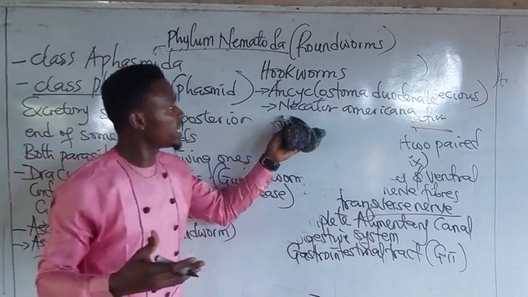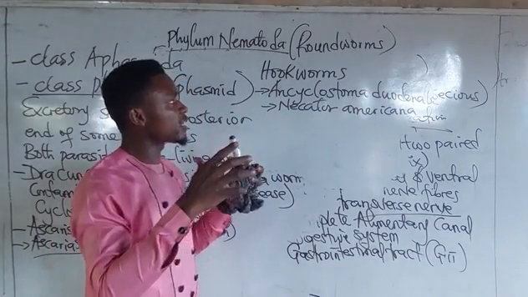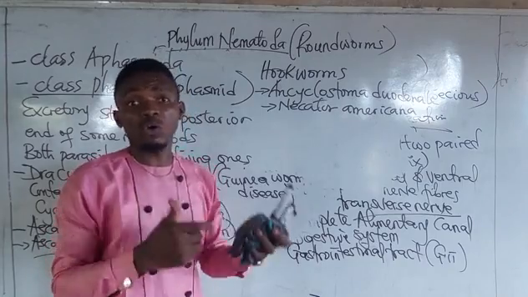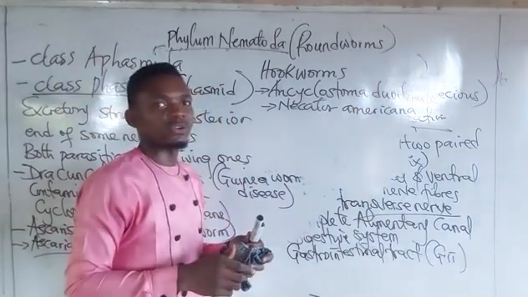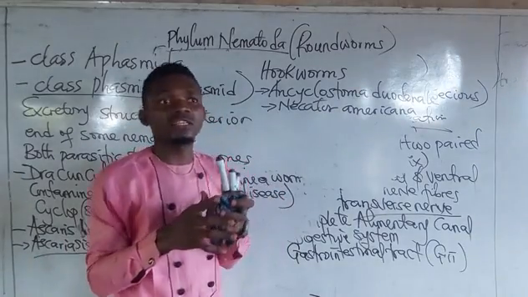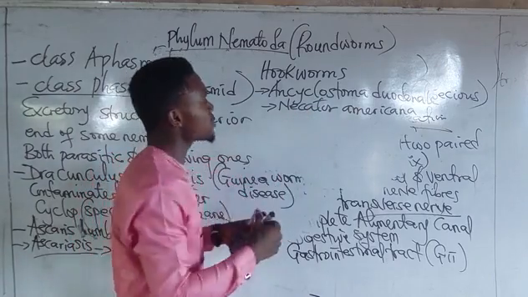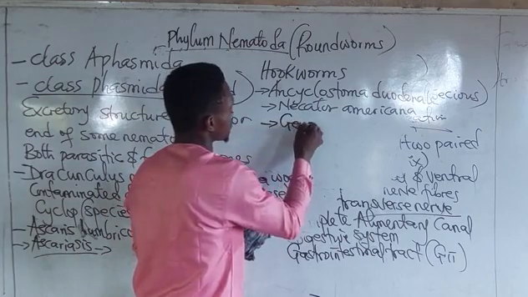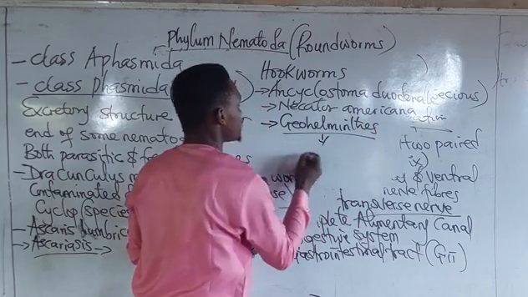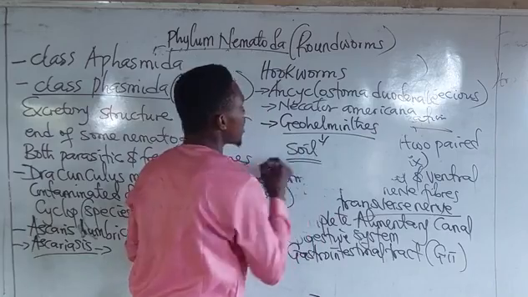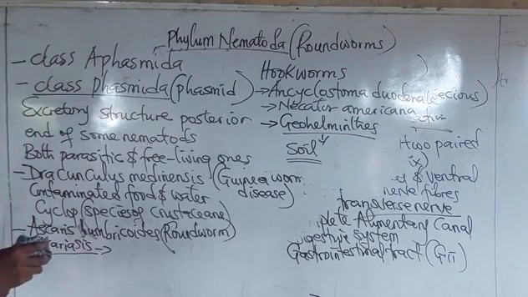They can only be effective when food and water contaminated by their infective stage is ingested. Do you understand? When it's not ingested, they can never have access to a given host. These organisms are also called geohelminths, because they are found in the soil. Please take note of that. It is very, very important.